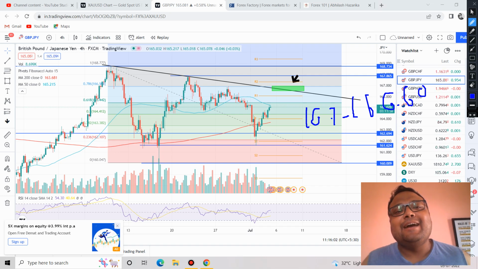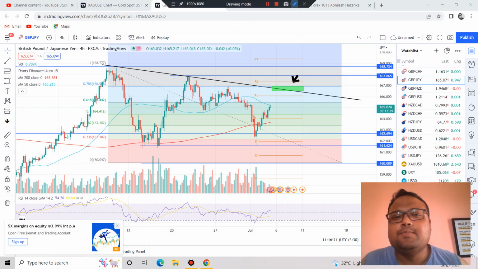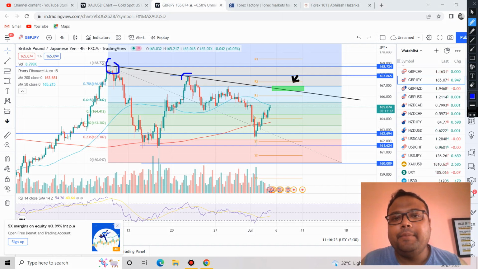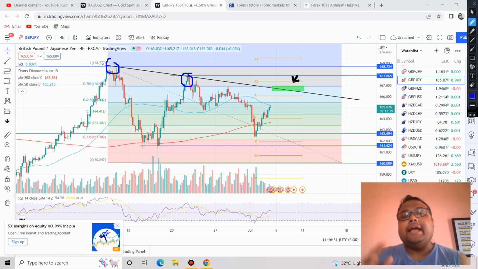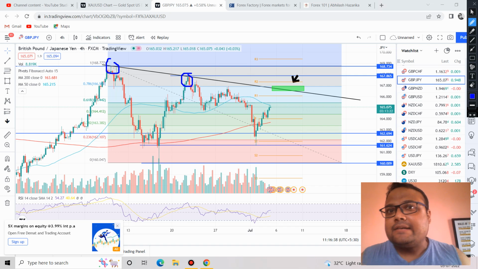Because you can see that I have drawn a trend line here. The trend line is more or less acting as a dynamic resistance in the market. But we cannot be too confident on any dynamic support or resistance. Therefore, we have taken additional confirmation. Listen to me carefully now, things will get much more interesting.